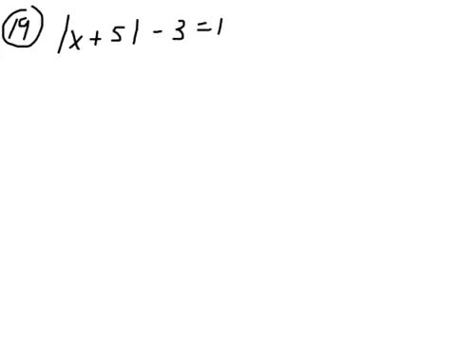I'm going to go ahead and try to get in as many of the others as I can in this one video. Number 19, the absolute value of x plus 5 minus 3 equals 1. In order to even start to think about this, I need to get that absolute value isolated on one side by itself.